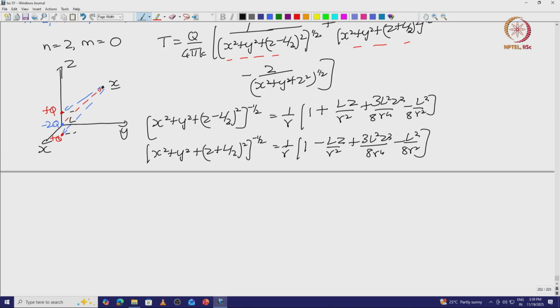Substituting that into this expression, I can find that the temperature field is given by T is equal to Q L square by 4 pi k into 3 z square minus r square by 4 r power 5.